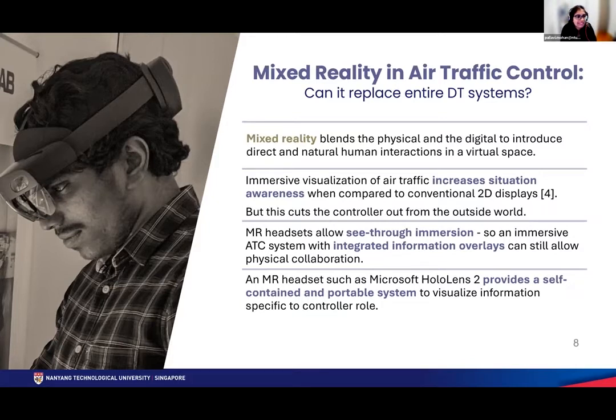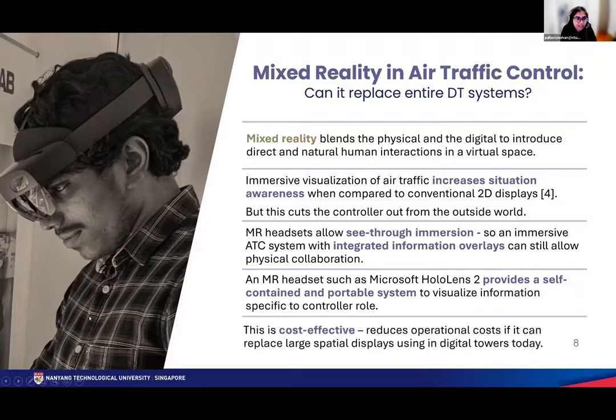Now, we realize that MR systems like Microsoft HoloLens 2 can possibly provide a self-contained digital tower system to visualize only relevant information. So another advantage of using a system like this is that operators can aim to potentially replace massive spatial displays seen in remote digital towers, which may also lead to a reduction in operational costs as well.